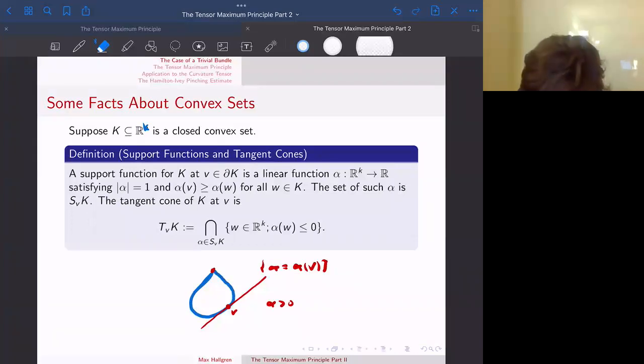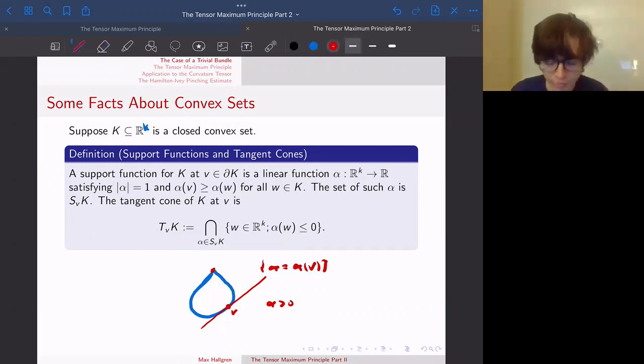Okay, so we're interested in these tangent cones because that's basically going to be our way to characterize when a convex set is preserved by an ODE. Are there any questions about any of this? Okay.